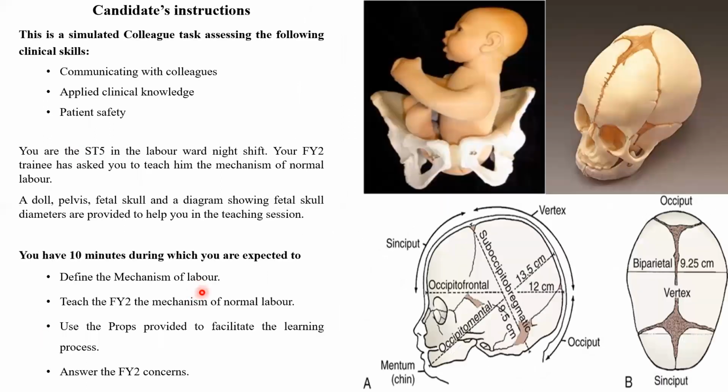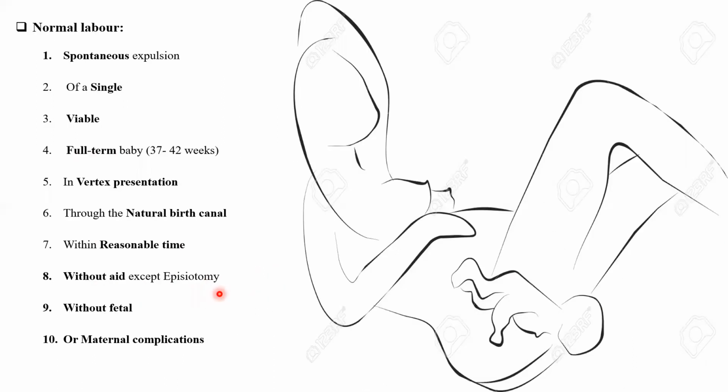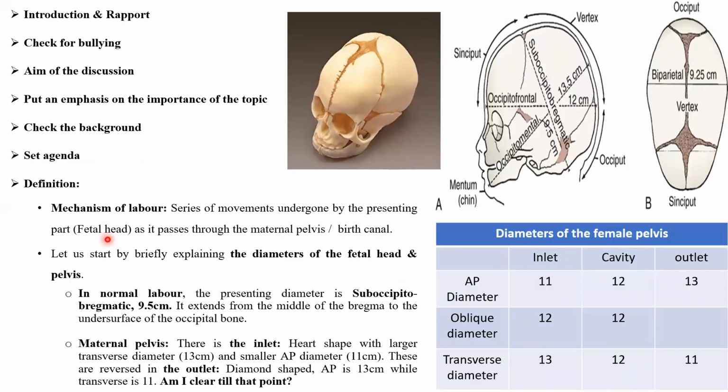But what is asked here as a first step in your agenda is the definition of the mechanism of labor. So you have to differentiate between normal labor and the mechanism of normal labor. What is the mechanism of normal labor? When you want to define it, you can say it is a series of movements undertaken by the presenting part, which is the fetal head in vertex presentation, as it passes through the maternal pelvis or the birth canal.